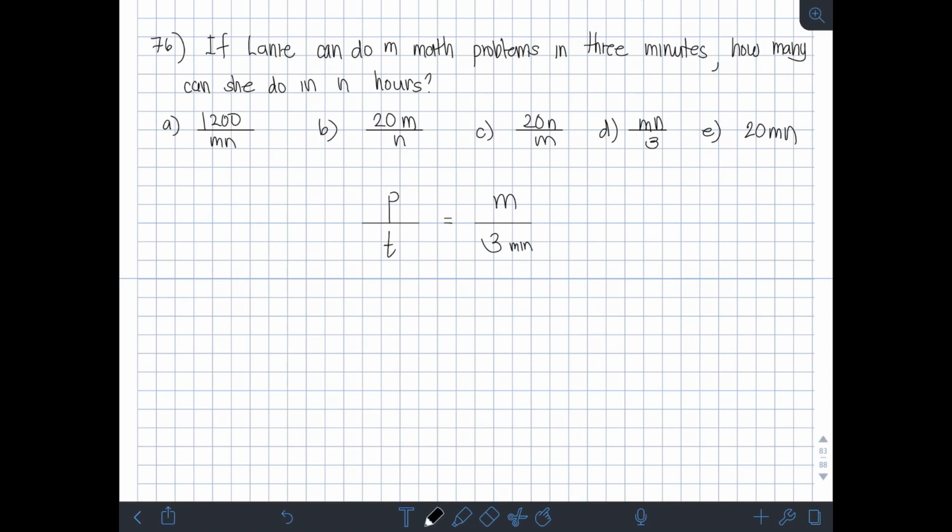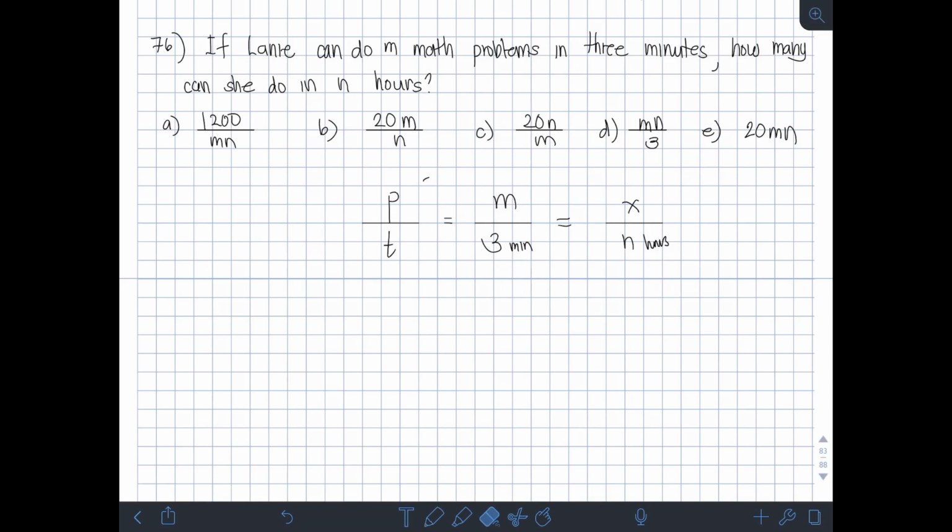Okay, 3 minutes. Now, the question is, how many can she do in N hours? So, the question is the number of math problems. So, let's say the unknown X in N hours. So, N hours. Okay? So, we should be consistent in units. So, if minutes, our units of time should be only minutes. If hours, only hours. So, let's just do it in terms of minutes.